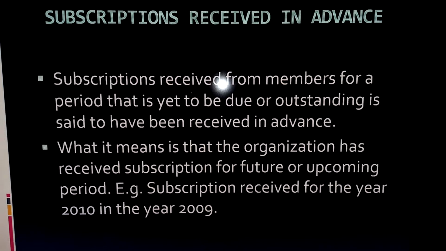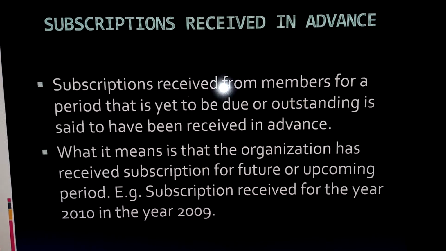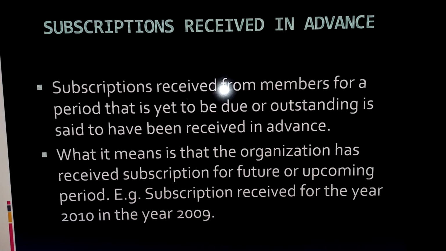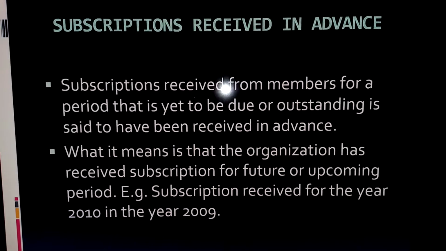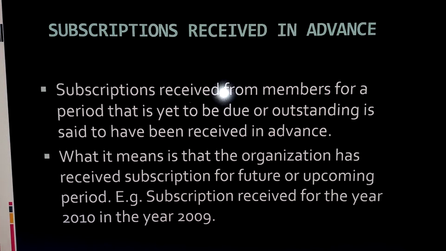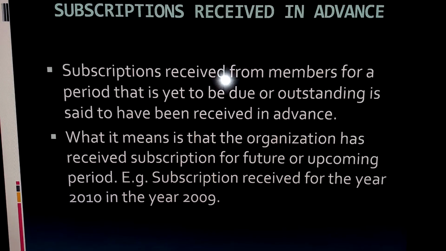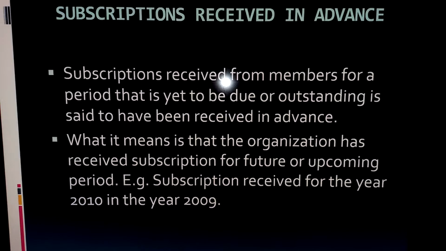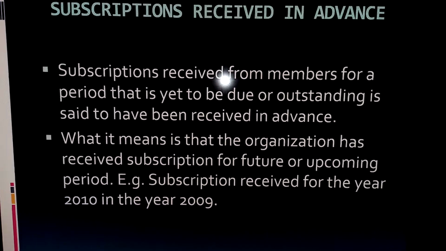What I'm saying is that the organization or the club or the society or the association has received subscription from members for a year that is not due. For instance, you are in 2009, or let's say you are in 2010, and you have now received the subscription for 2011.